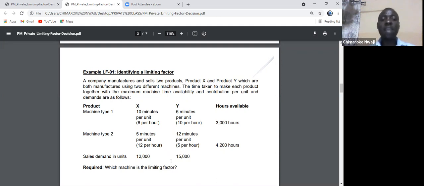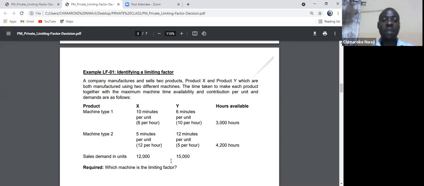So what does 10 minutes per unit translate to in an hour? One unit is being made in 10 minutes. If there are 60 minutes making up an hour, and you keep making 1 in 10 minutes, by the time you get to 60 minutes you would have made 6 units per hour.